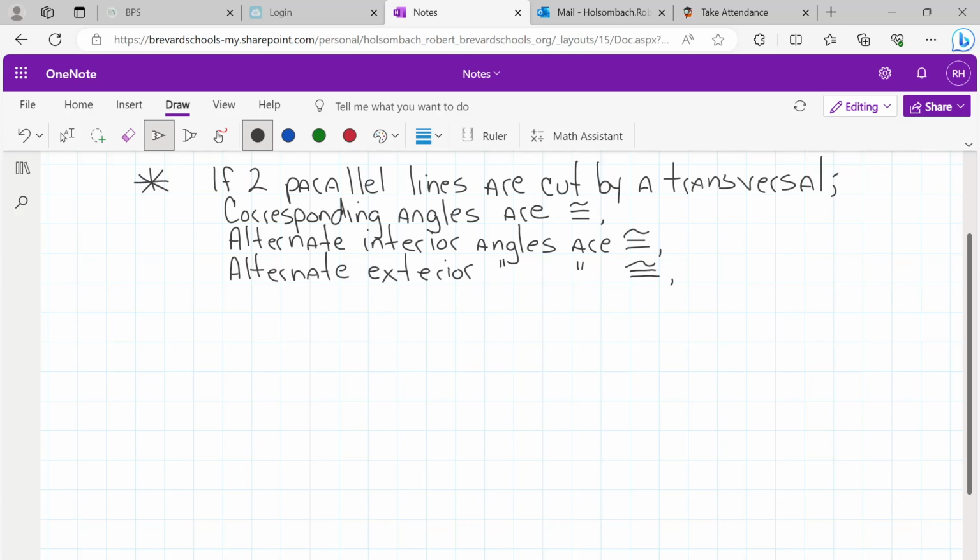And then consecutive interior angles sum 180.